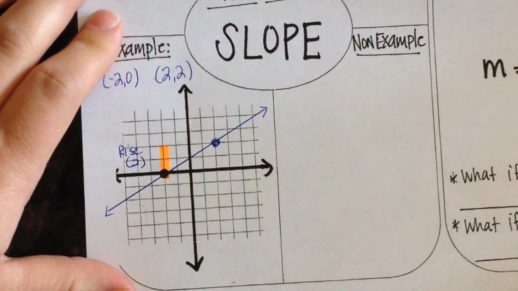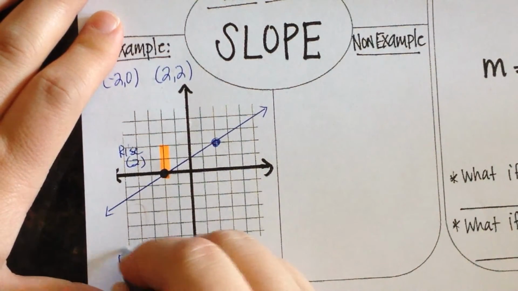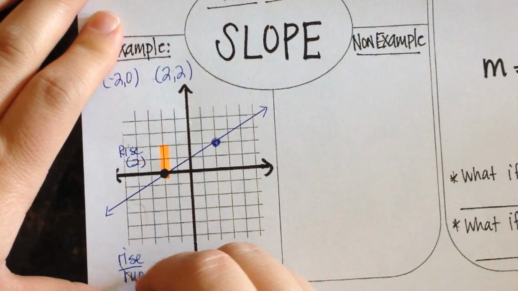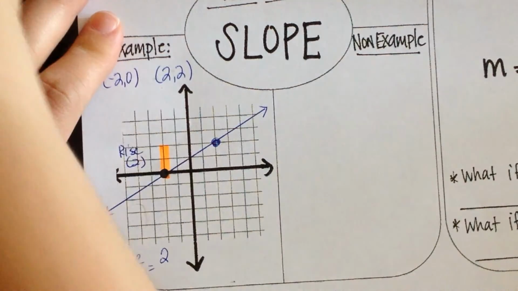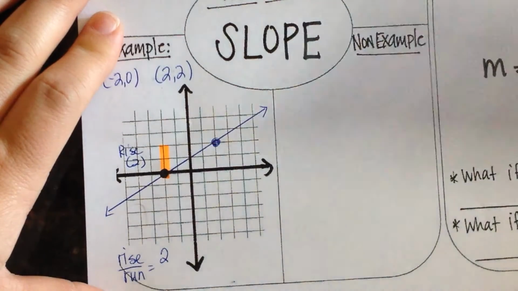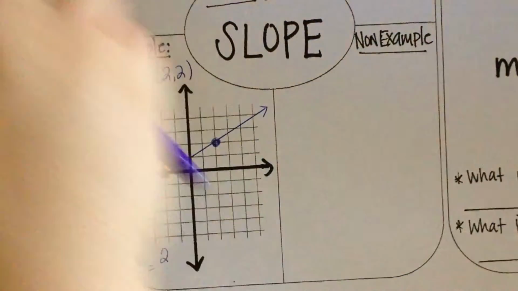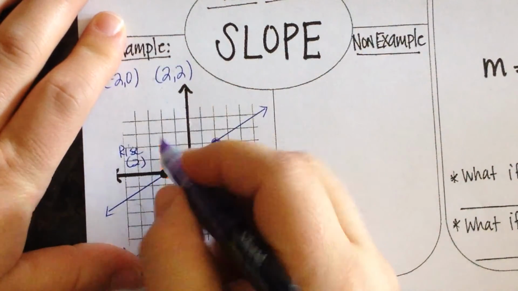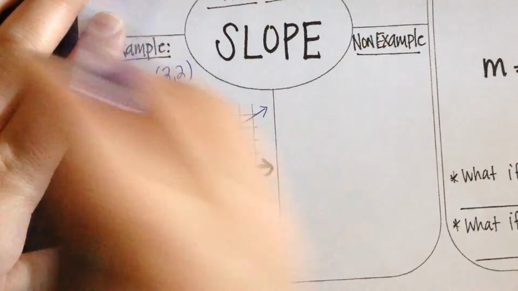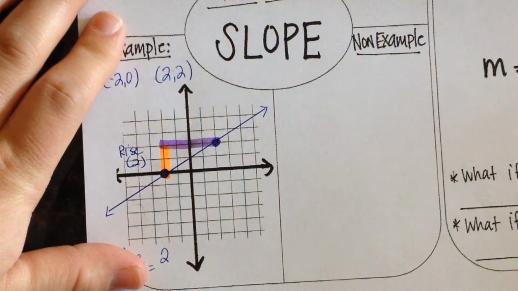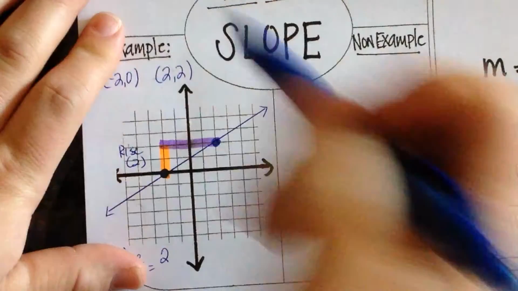I'm going up 2, so it'd be a +2. So rise over run, my rise would be 2. My run would be from this point here over, and that is 1, 2, 3, 4 units.